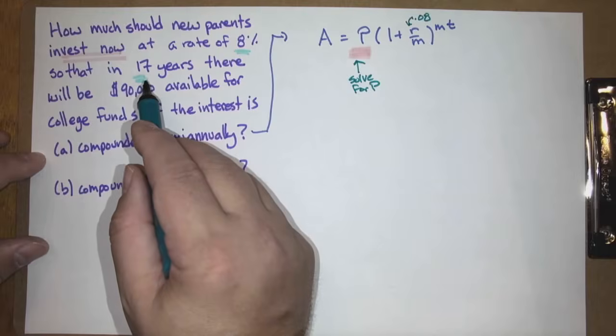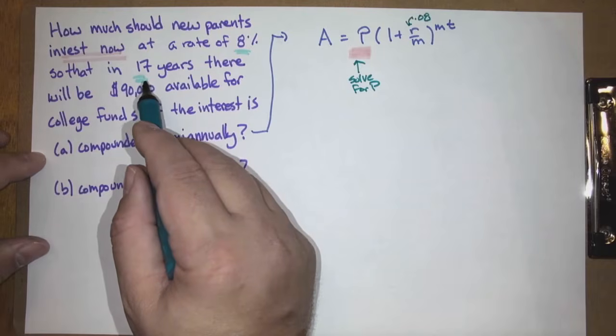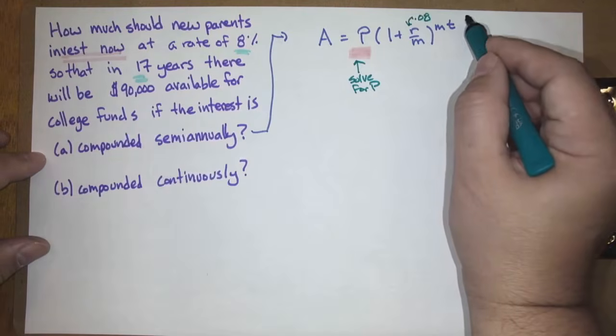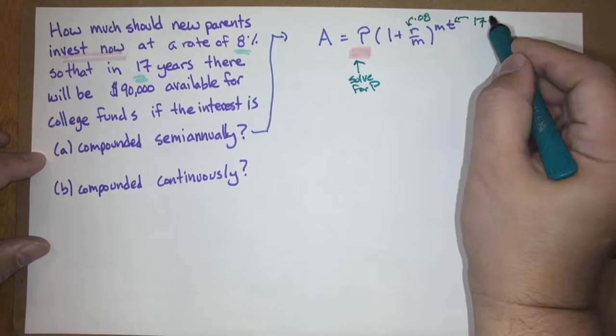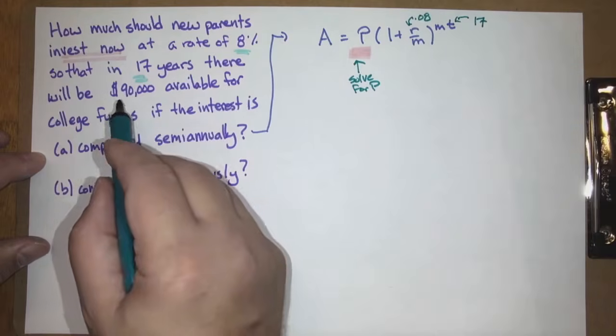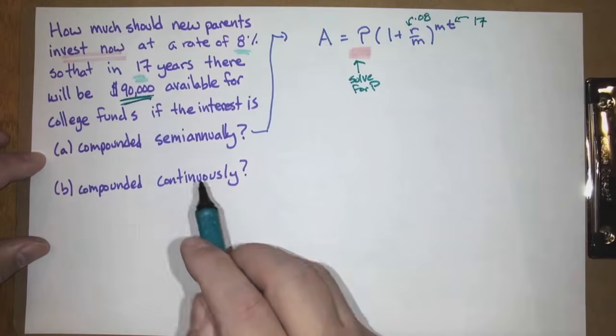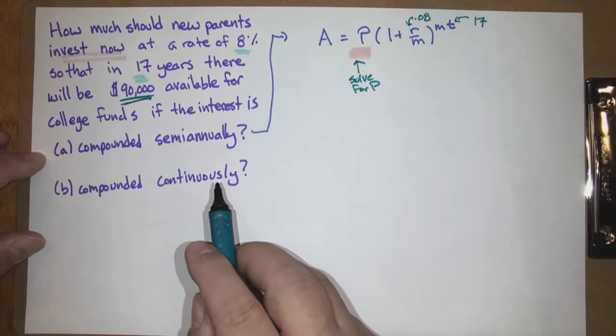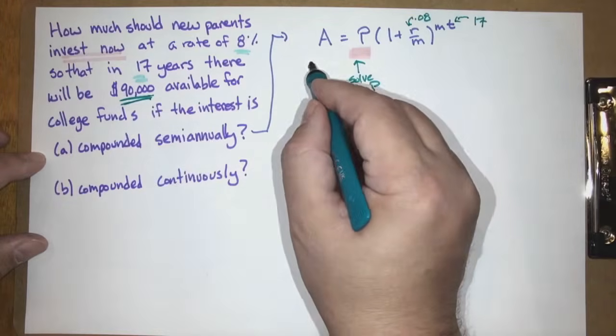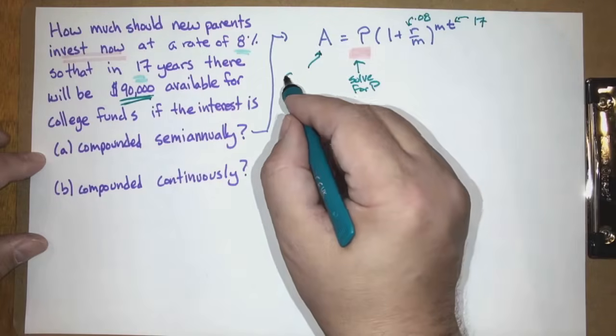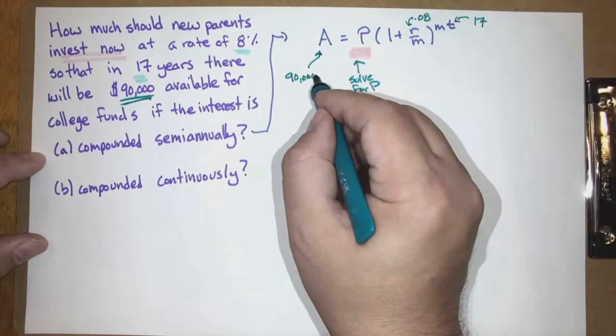Where does that show up? It's T. 17. Here's another number, 90,000. Where will that show up? A. That's our future value, the amount we're shooting for.